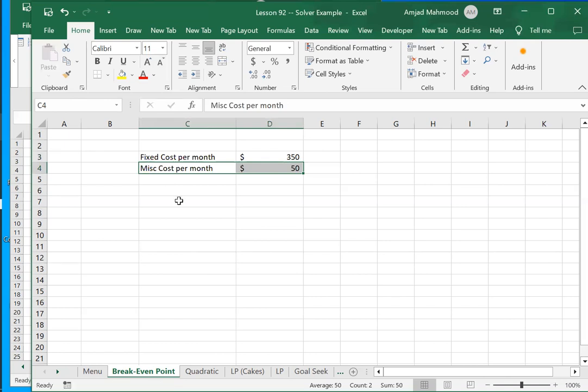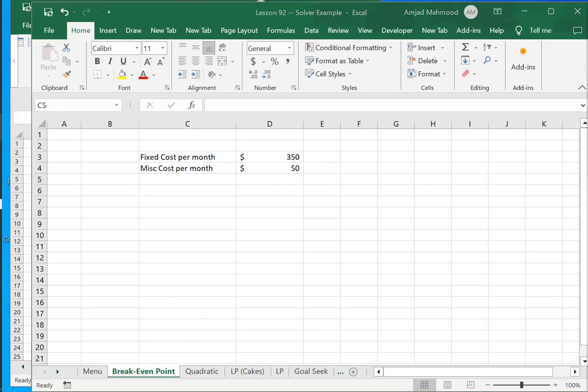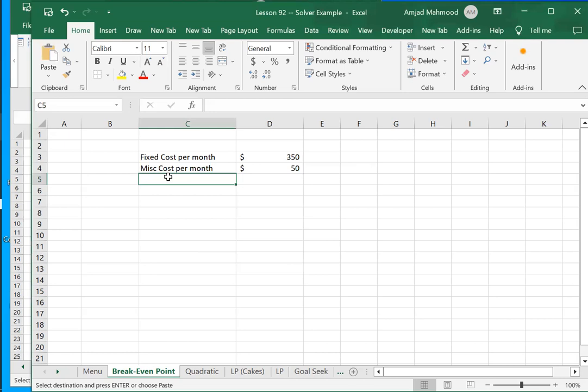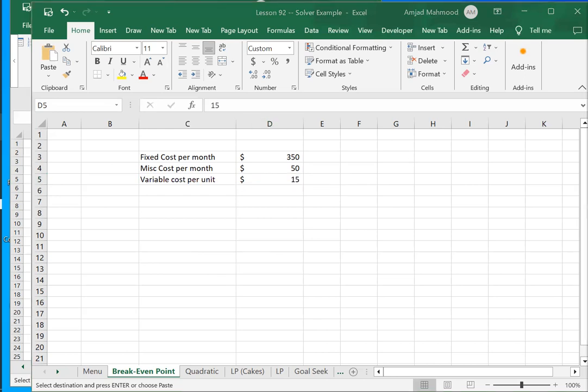So this is also the miscellaneous cost per month, for example. And then there is a certain per unit cost. For example, one unit which you sell costs you $15, right? Of course, you will be selling it for some amount higher than that to make a profit, right?